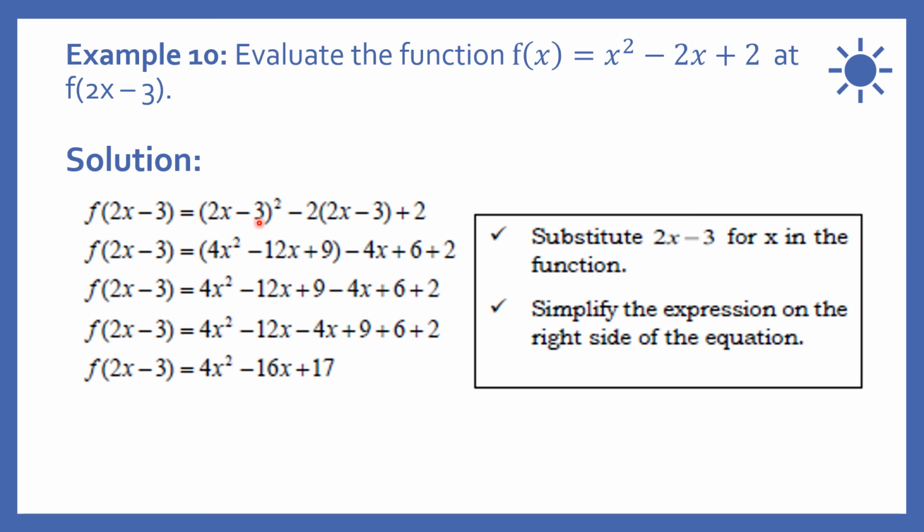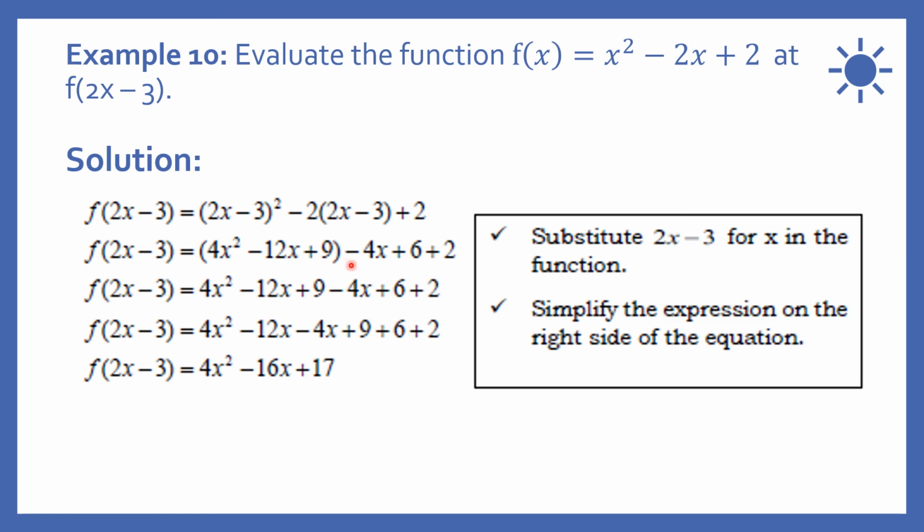Lagi nyong ita-times sa 2, kaya siya ay negative 12x. Kaya naging minus 12x. And then, yung third term natin, negative 3 times negative 3 is positive 9. So, kung hindi nyo alam yung shortcut, pwede kayong mag-FOIL method.